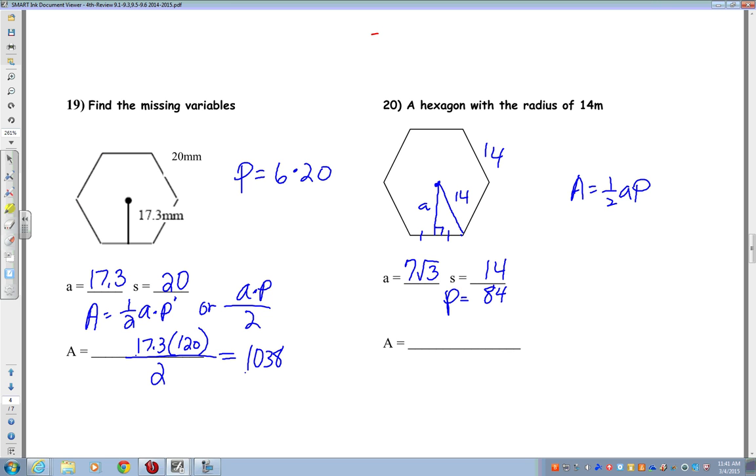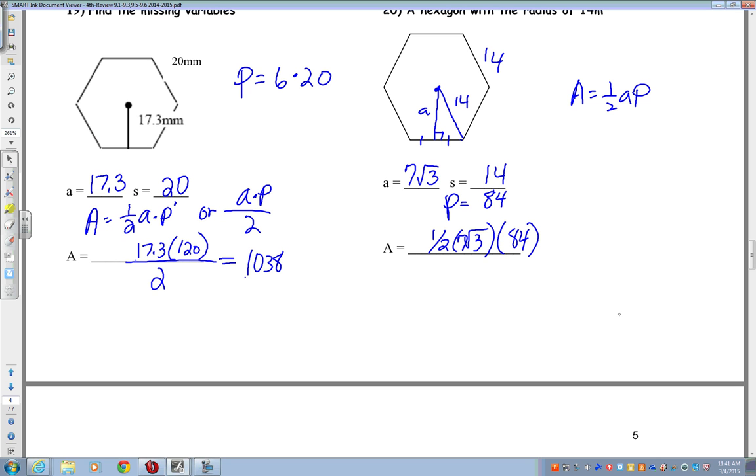All right, so we're going to plug it in. 1/2 times 7√3 times 84. Now, the numbers that you can multiply together are the 7 and the 84. Okay? What does that give you when you do 7 times 84? 588.